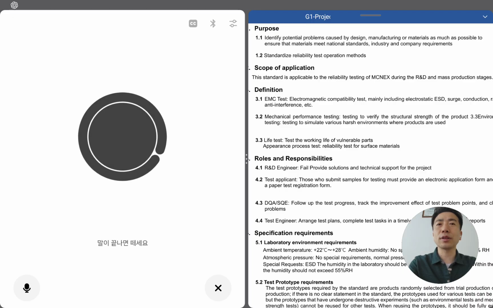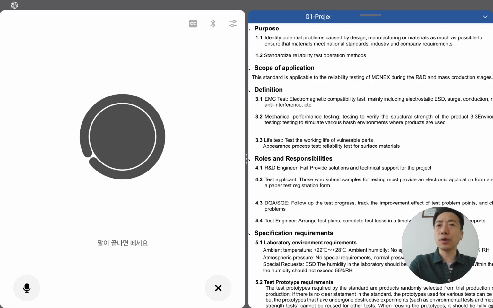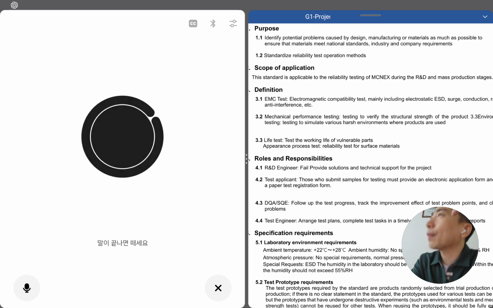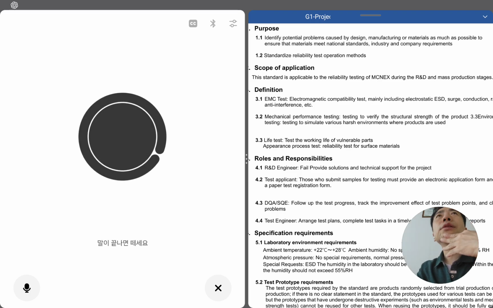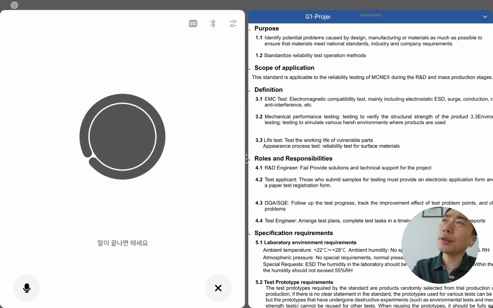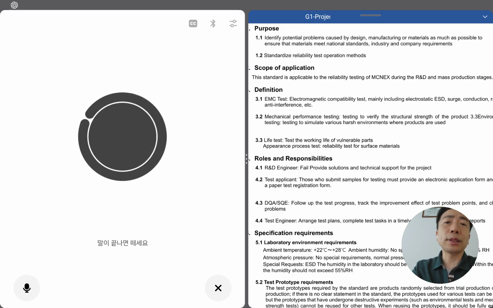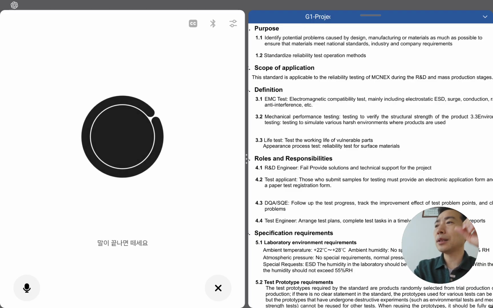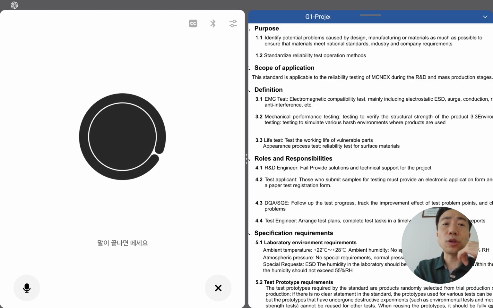I am a quality manager, so I need to know the overall definition. I just need to know the definition and the overall purpose of this test, not the deep inside. Do you agree with that?